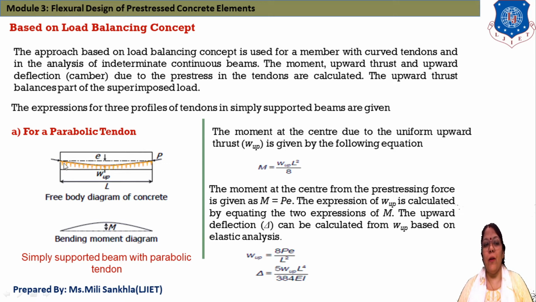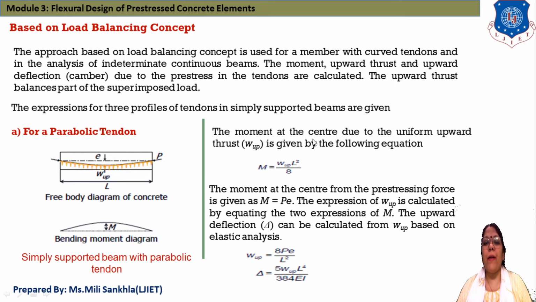Here is the horizontal member, and the center line is our pressure line. This one is the curvature of the tendon, and this vertical distance is our eccentricity e. Now this is the free body diagram of the concrete member, and second is the bending moment diagram.